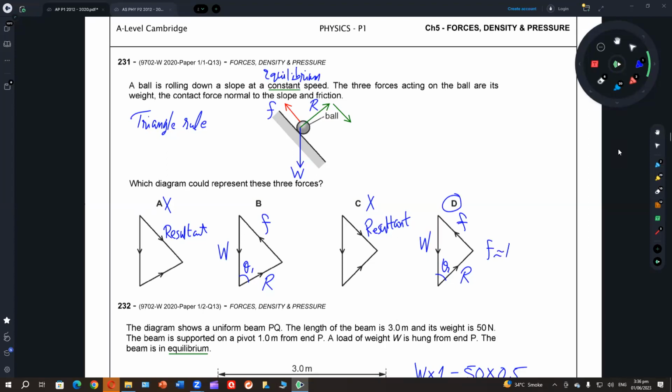Because of a larger angle. No, the friction and R are nearly equal. The problem with B is that friction is looking to be a bigger force than reaction force, which is not possible. How can friction exceed the reaction force?